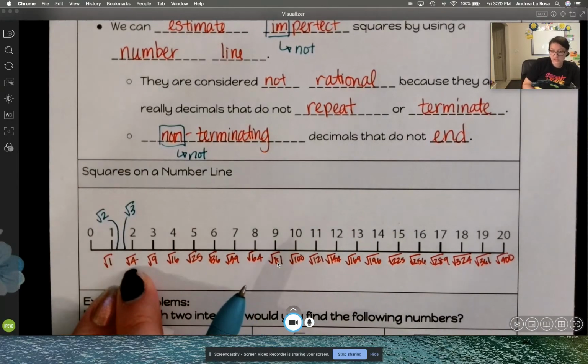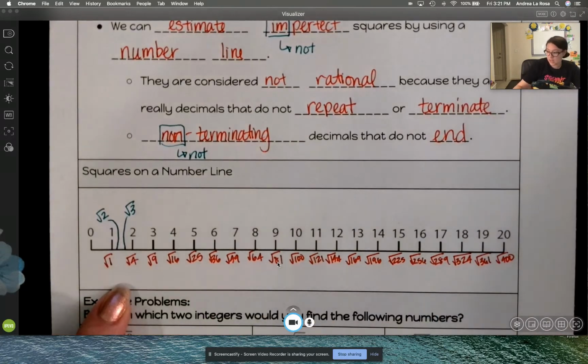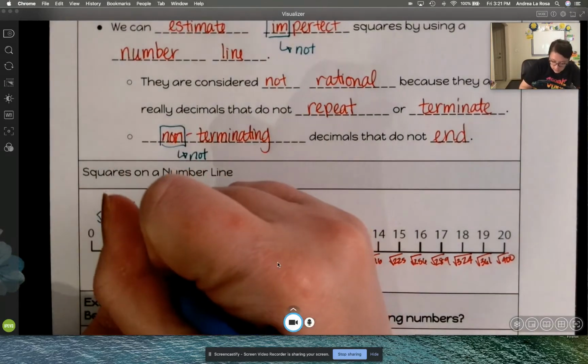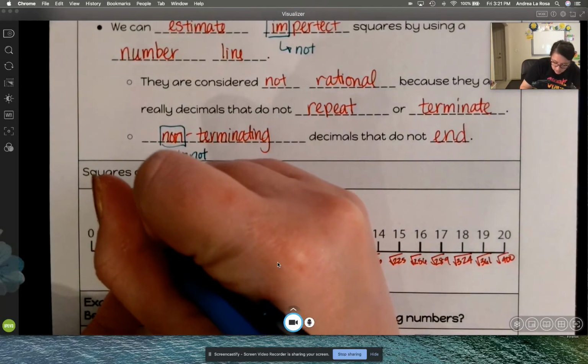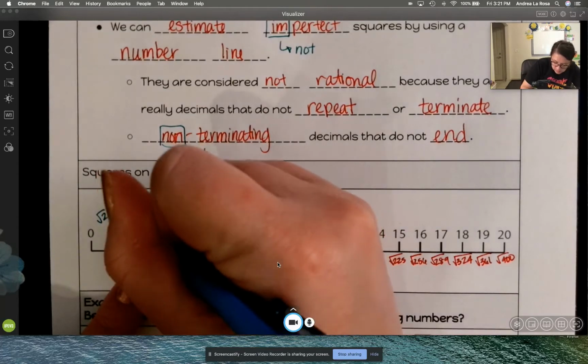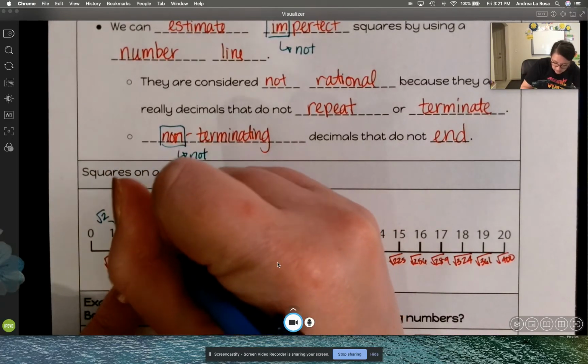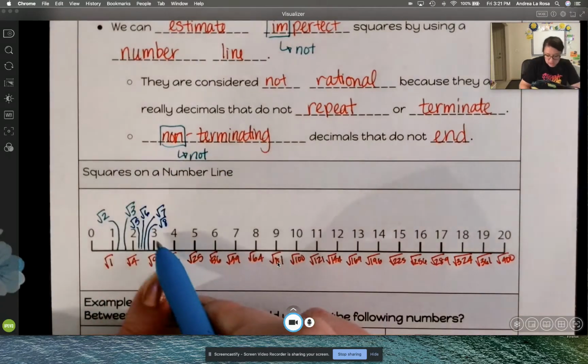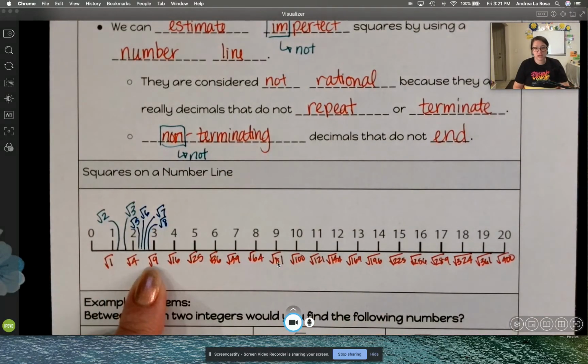And then 2 is the square root of 4. After 2, which is the square root of 4, there's going to be the square root of 5, the square root of 6, the square root of 7, the square root of 8, and then 3 is the square root of 9.